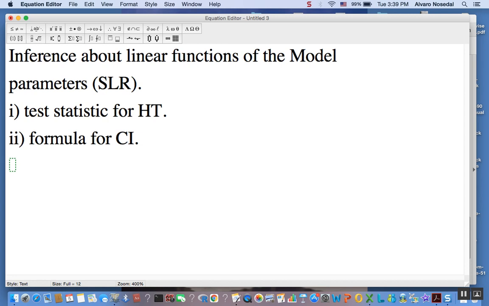Let me write down the model that we are considering here. It turns out, and that's why in the past we have discussed the centered model, that it will be easier to derive that test statistic and that formula for a confidence interval if we do it using a centered model. So that's the one that we're going to be using here.